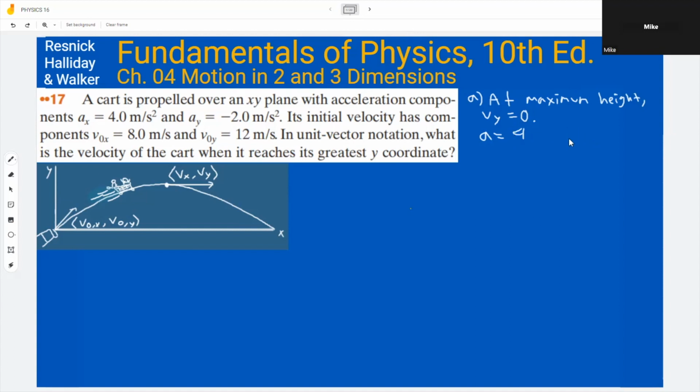Yung ano po yung component form basically nung ano po ng R. Anong malaman? So alam natin yung ano eh. So ito, integrate mo. So naka sa acceleration. Acceleration is 4i hat minus 2j hat.